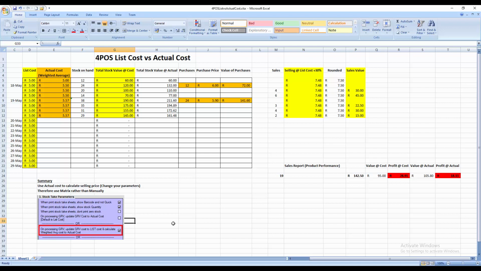Now, again, bear in mind that in 4PAS, when the sale happens, so let's assume now I had another sale here on the 20th. Okay, but now I go around and I make all these changes and I say, no, I'm changing my cost now to 5.90, my list cost, and I'm leaving my weighted average cost at 557. And now suddenly I sell another 12 units, for argument's sake.